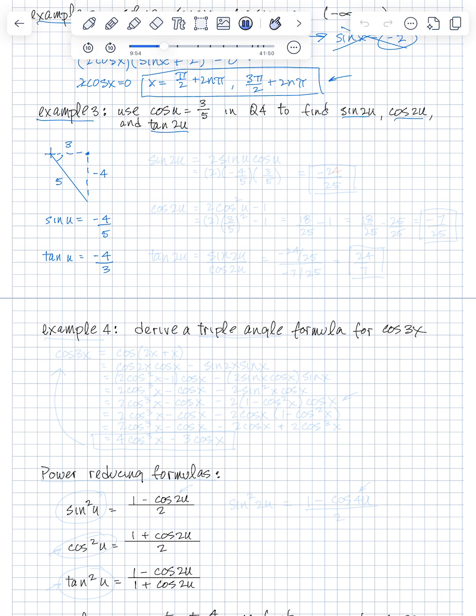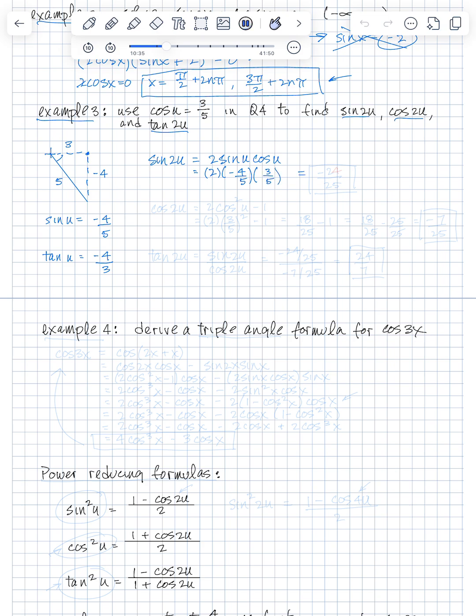So the sine of 2u, the equation tells us it's 2 sine, we're going to call it theta, but it's going to be u, 2 sine u cosine u. And so this is equal to 2 times the sine of u we found is negative 4 over 5 times the cosine of u, which is 3/5.